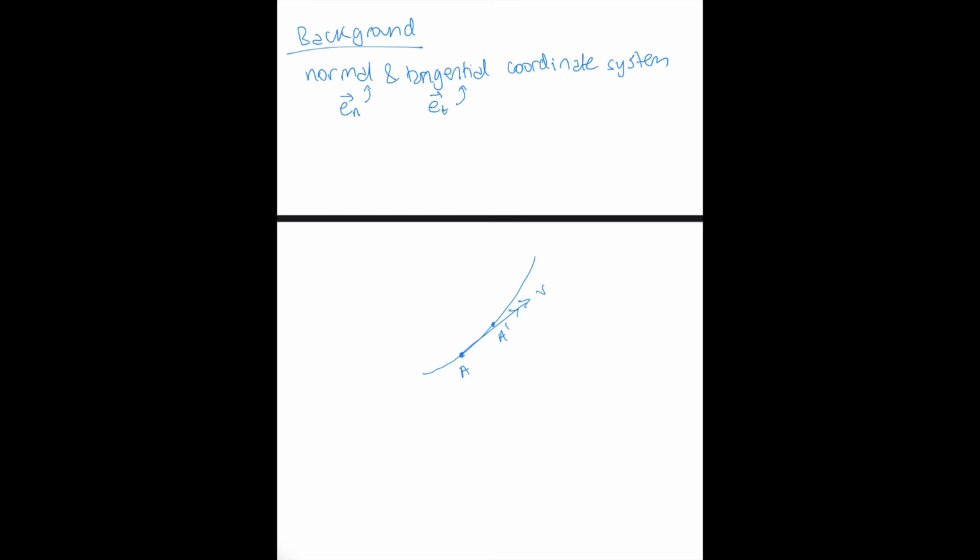Tangential will be pointing in the same direction, while the normal is going to be perpendicular to the tangential, pointing towards the point of curvature. A dash will be exactly the same thing.